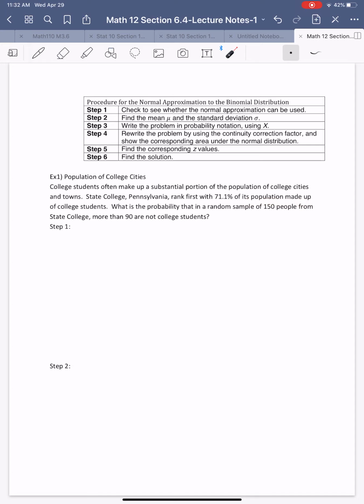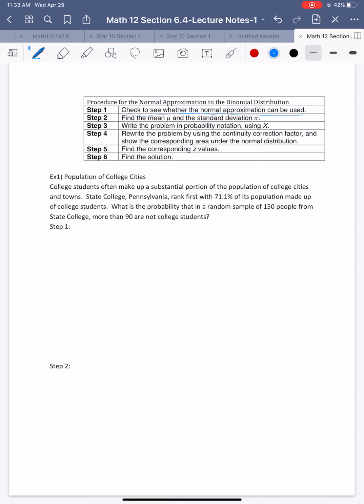So this is a kind of college town. What is the probability that in a random sample of 150 people from State College, more than 90 are not college students? In step 1, we need to check whether the normal approximation can be used.